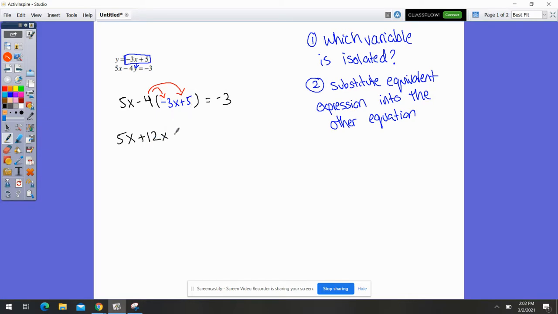Negative 4 times positive 5 is negative 20, equals negative 3. Next, you are going to combine your like terms. Okay, they're on the same side, so you just add them. 5x plus 12x is 17x. Then I bring down everything else.